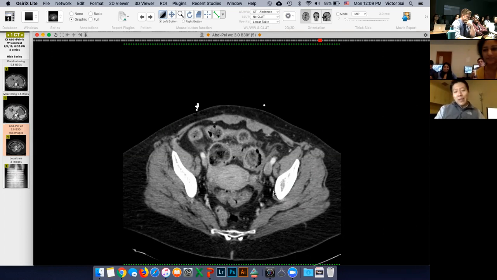So I think the demographics are essential, and the presentation, and basically prior history. But I also find that marked wall thickening appearance in a segmental distribution, such as in that last case, is pretty classic for ischemic colitis.